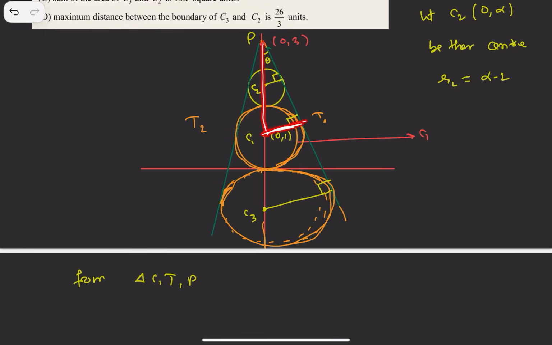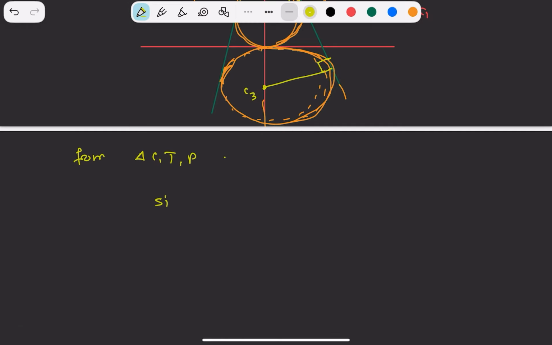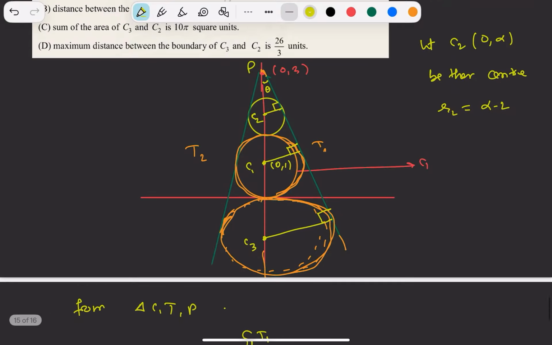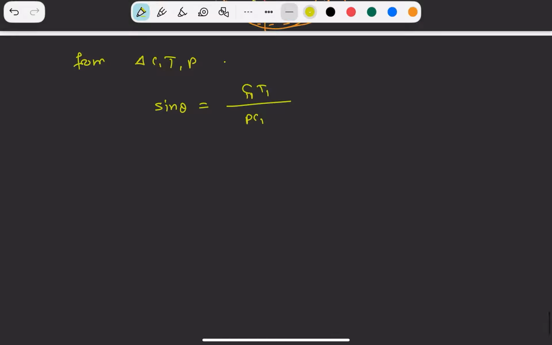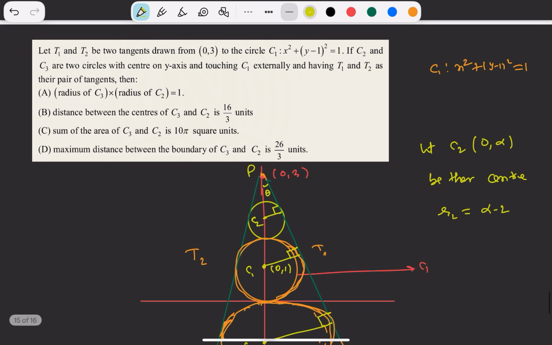The opposite is C1 T1, and the hypotenuse is PC1. So sin theta equals C1 T1 divided by PC1. C1 T1 is already the radius of the first circle. How much do we have now?